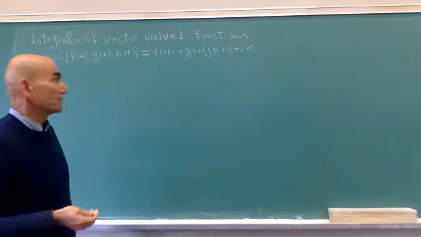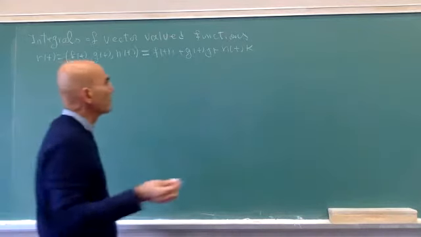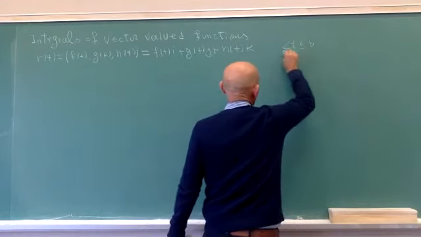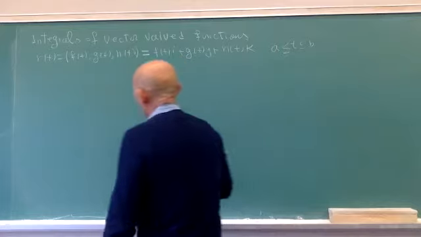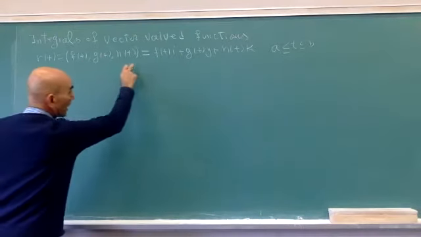You can specify the domain of t if you want, but it depends on the context. Say t is between a and b. This is a vector with three components.